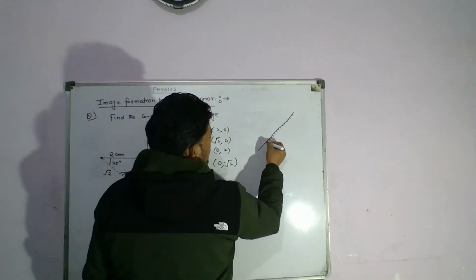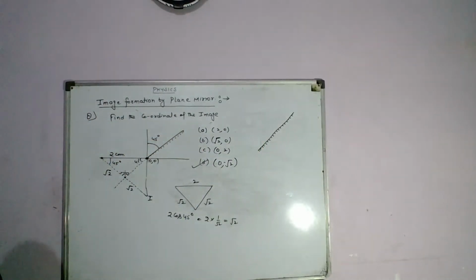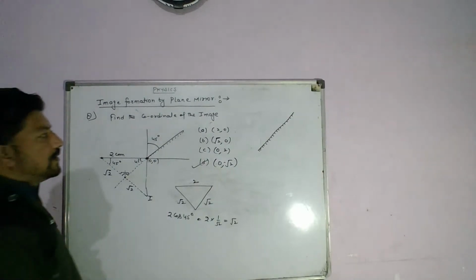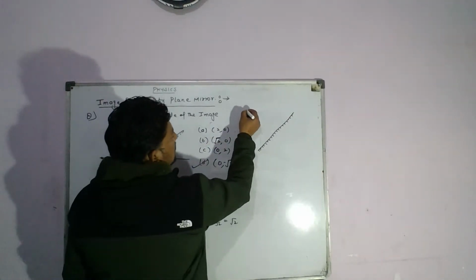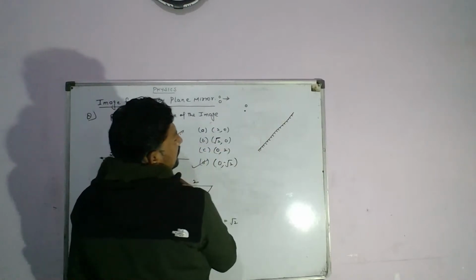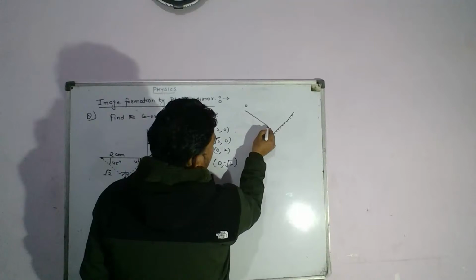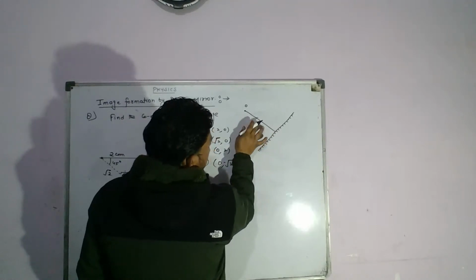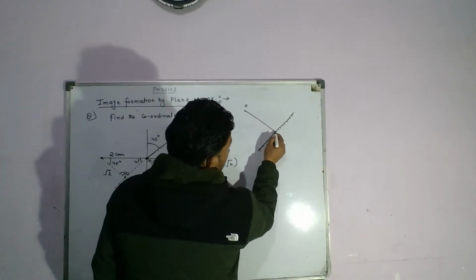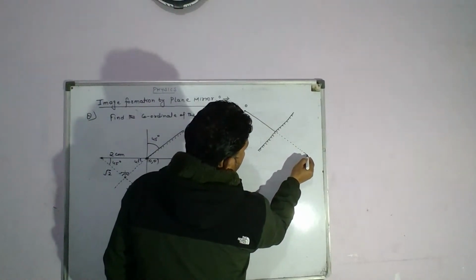It will form an image where you place an object. Suppose you place an object at this point. Similar concept. You place the object at this point, and suppose this is 3 centimeter. So this is also 3 centimeter.